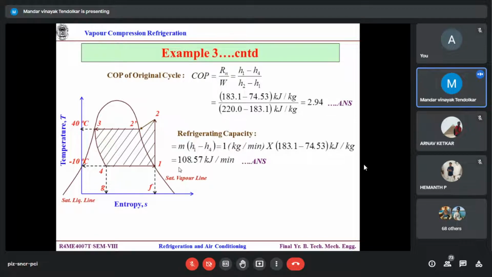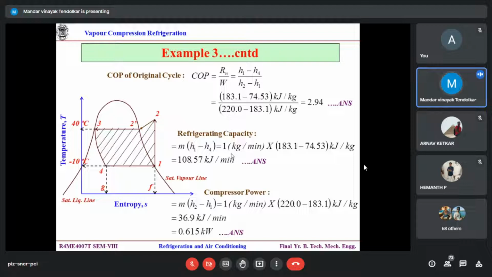Do you agree? Is this calculation correct? Yes. Fine. And the compressor power. Compressor power is related to H2 minus H1. Mass flow rate is 1. So H2 220 directly given. H1 is Hg1, 183. This gives me the compressor power. Is the calculation correct?